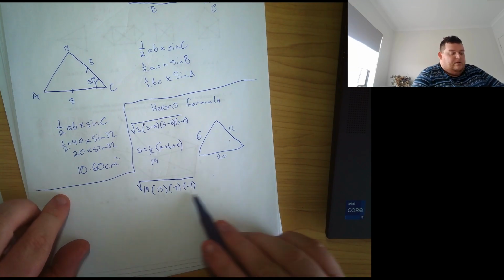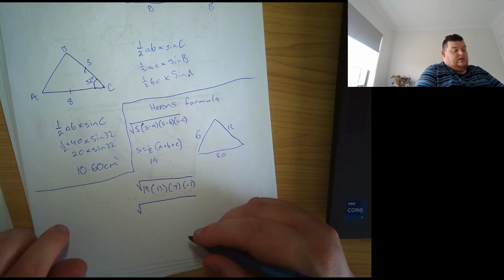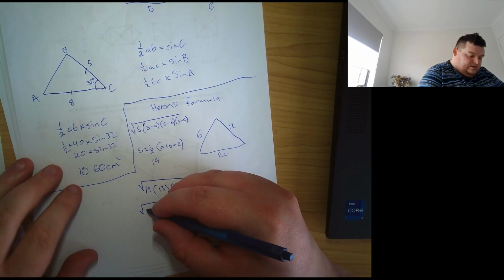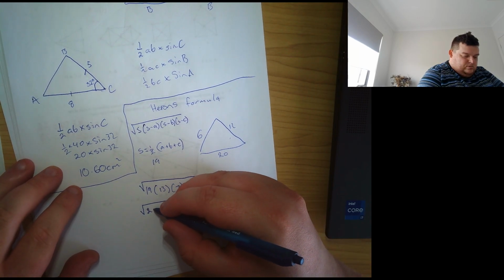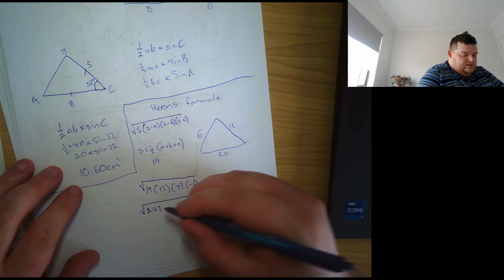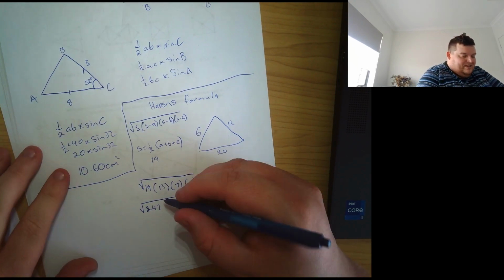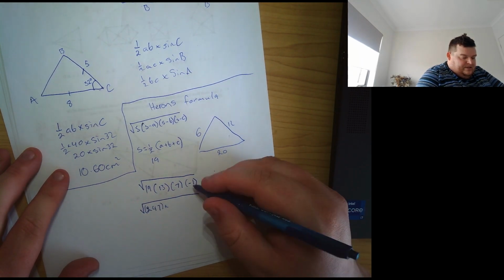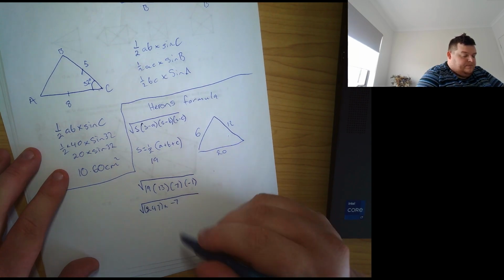Now I'm going to multiply all these together, which is going to be fun. 19 and 13 is 247, I think. Let's pretend that that's right. Multiplied by 7 and negative 1 will give me negative 7.